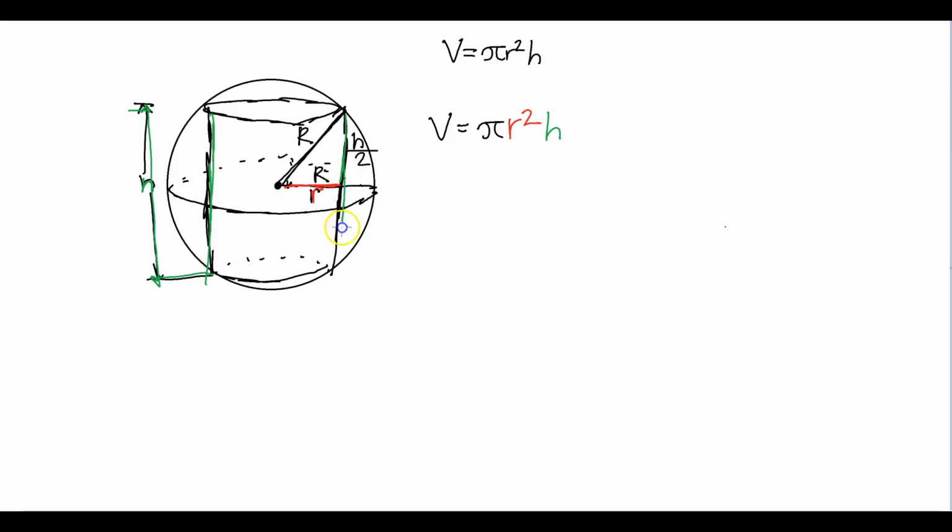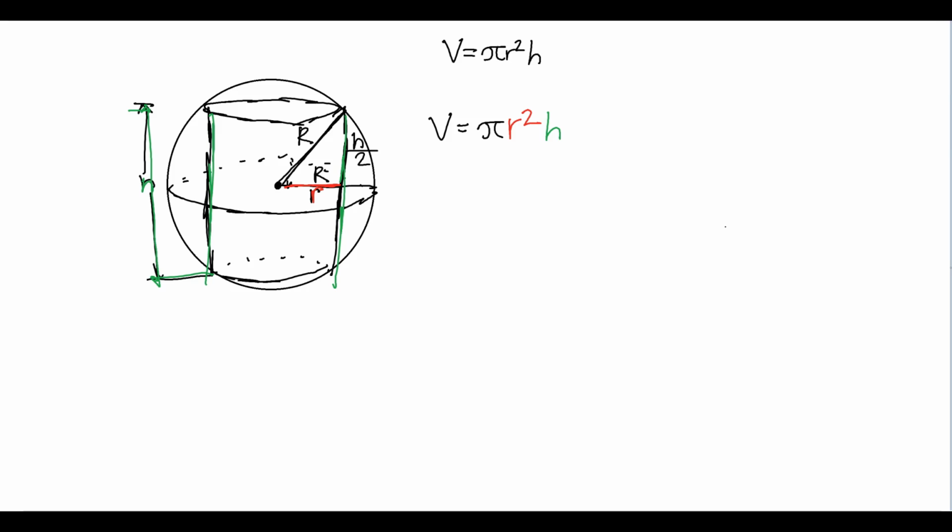So what do we do with that information? We know the radius of the sphere. So let's see if we can make some type of connection between the radius and the height, such that we can get the equation for the volume of a cylinder all in one variable.